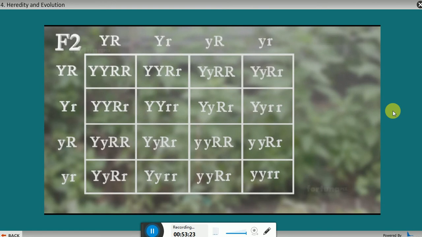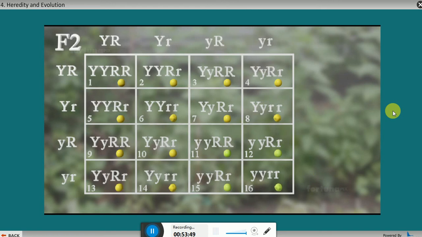The square reveals that the F2 generation actually yields 4 kinds of plants. In the 16 possible combinations, 9 plants will be yellow with round seeds, 3 will be green and round seed, 3 will be yellow and wrinkled, and 1 will be green and wrinkled.